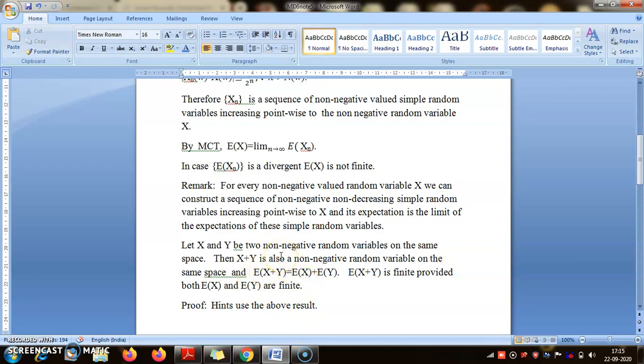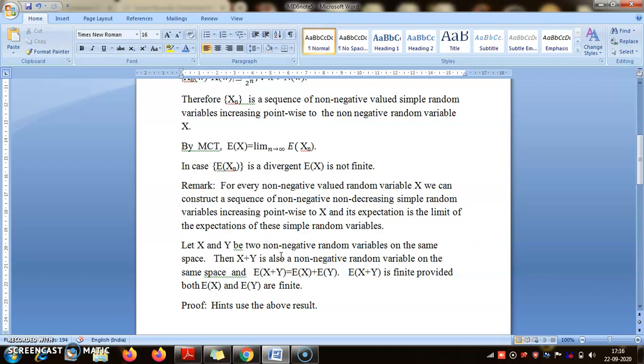Now if you add xn plus yn, they will still be non-negative simple, because the sum of two simple random variables is simple. If xn is increasing and yn is increasing, then xn plus yn is also increasing, and will pointwise increase to x plus y.